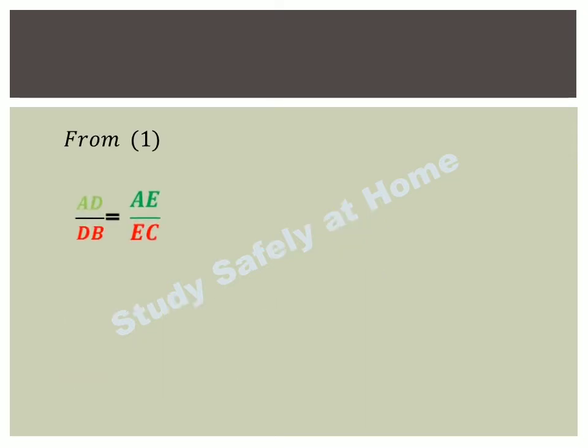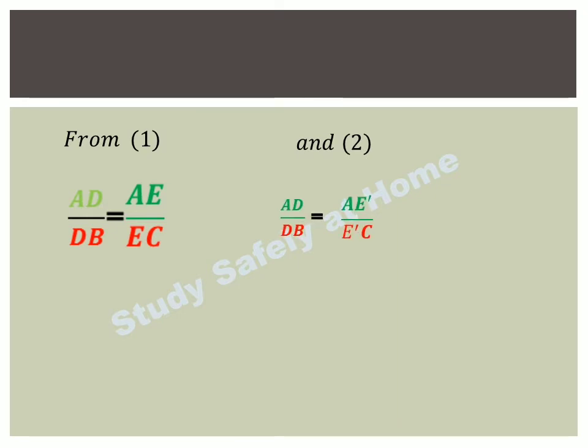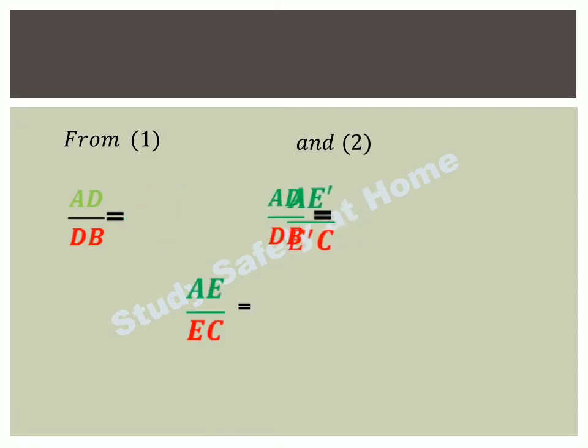From 1, it is said AD by DB is equal to AE by EC. From 2, AD by DB is equal to AE dash by E dash C. From this we can say AE by EC is equal to AE dash by E dash C.